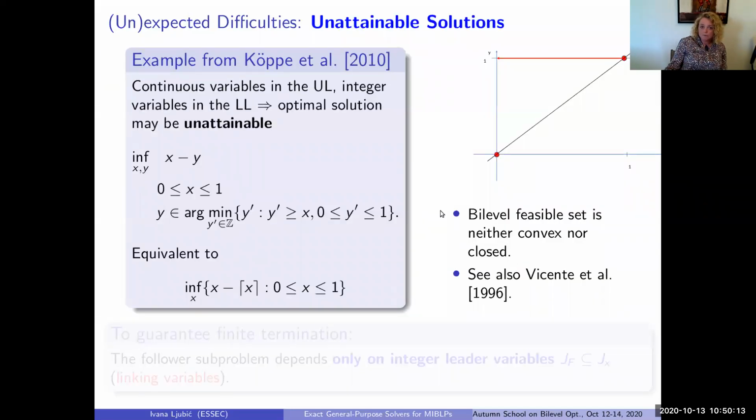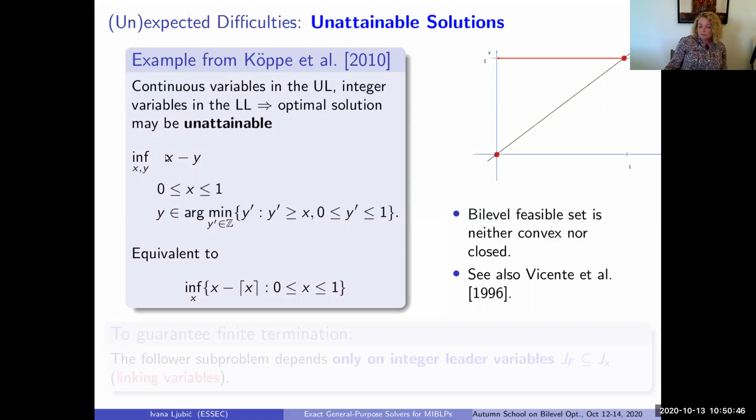Here is an example from Matthias Kuppe and colleagues from the paper in 2010, which nicely illustrates this situation. And you can also find a bit more involved example in another paper from '96 from Luis Vicente and colleagues. So here is a simple, again, problem with just two variables, x and y. X is a continuous variable from the upper level that controls the lower level.